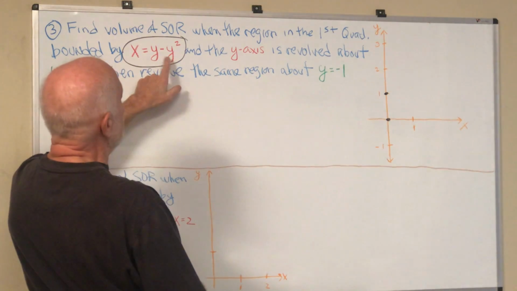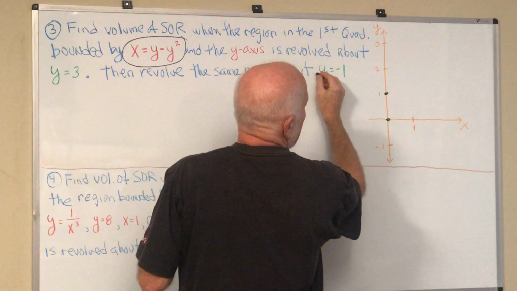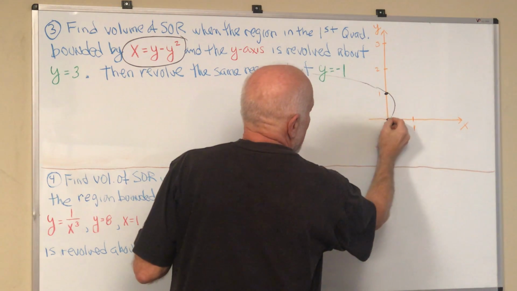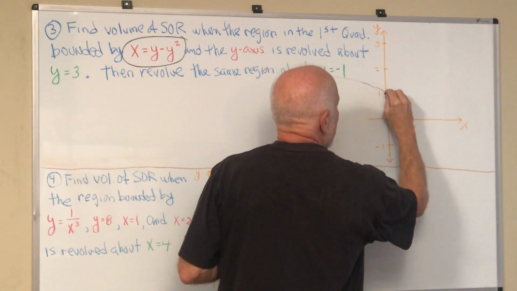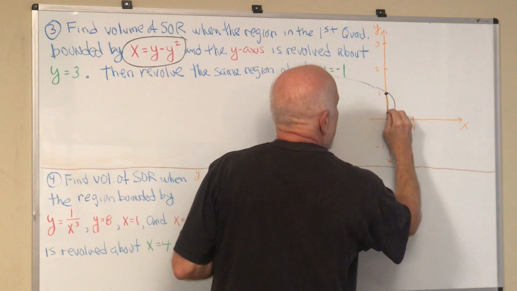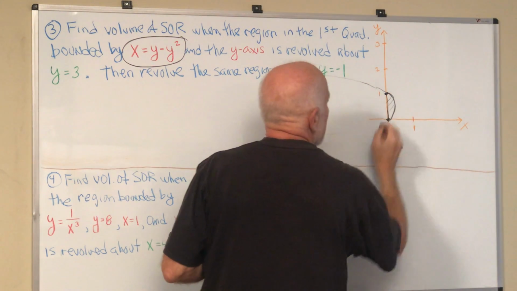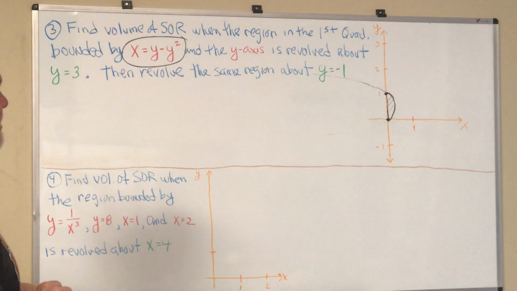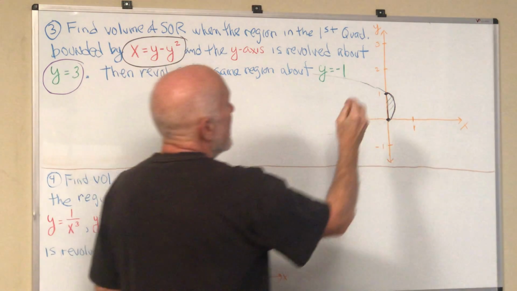And when y is between 0 and 1, this is positive. So it's a parabola that comes like this and goes like this. But we're only really concerned in the first quadrant. And there's the y-axis. So this is the region. It's not a very big region, but we're going to revolve that about y equals 3 up here.